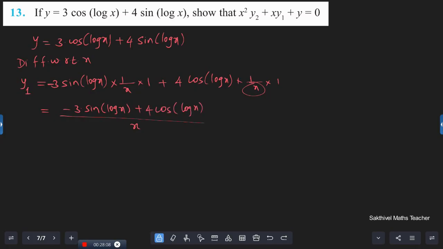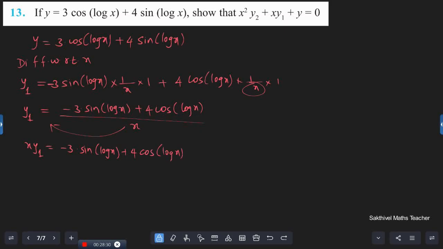Here we have y1, so divide x you can send this side. So x into y1 is equal to minus 3 sin log x plus 4 cos log x.